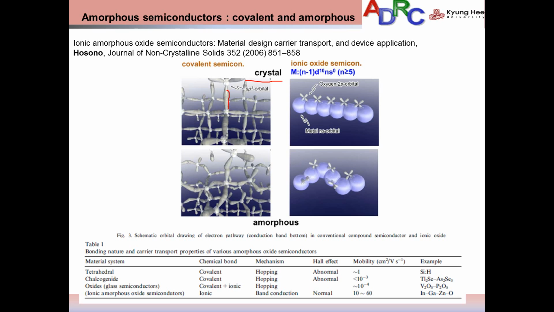Therefore, the conduction path is very good. But in the case of amorphous, there is sometimes no link. There are some voids, and also there could be some dangling bonds, which means that the atom is actually connected to nothing. So to get an electron to go somewhere is very difficult, because there are traps, the dangling bonds, and also the different angles and the bonding lengths are quite different from the crystal case.